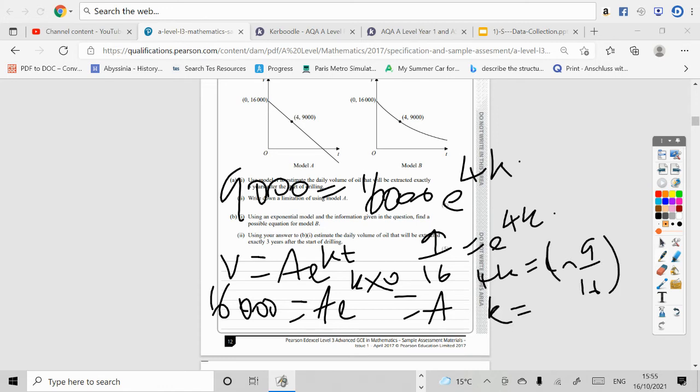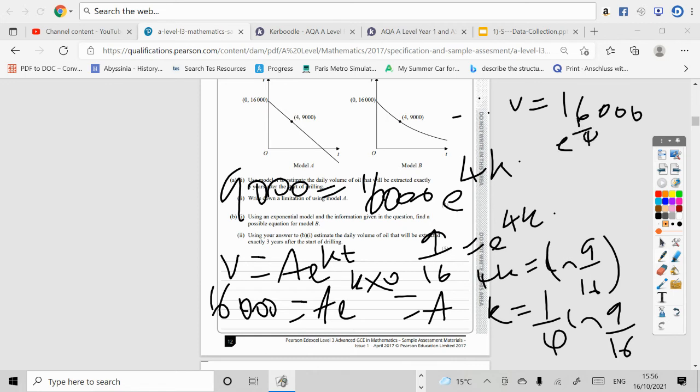So k will be equal to 1/4 log 9/16. Therefore we've got V is equal to 16,000 times e to the power of 1/4 log of 9 over 16, times t.